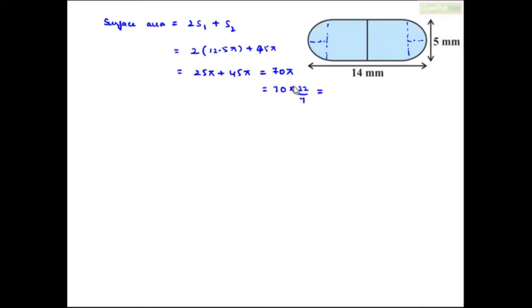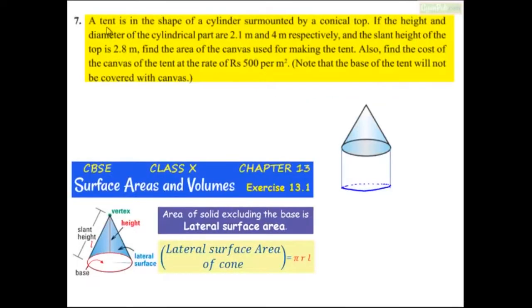Here 7 goes in 70 10 times, and 10 times 22 is 220 centimeter square. That's the solution.